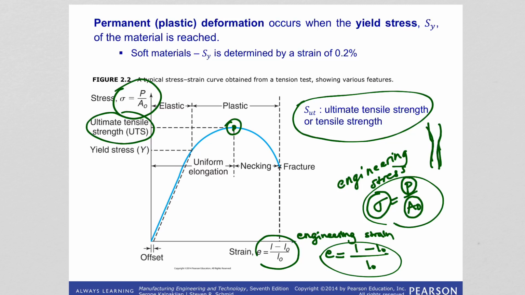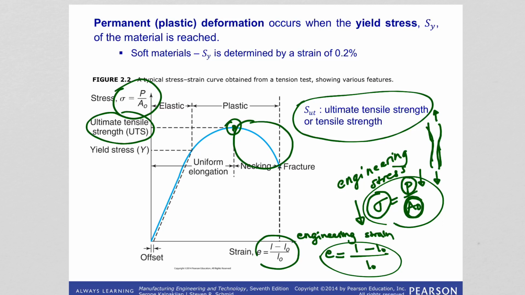Since it is getting smaller, the device now has to apply less force to keep the deformation rate constant. So the force is decreased, but the cross-sectional area stays the same in the equation. Therefore the stress is decreasing.